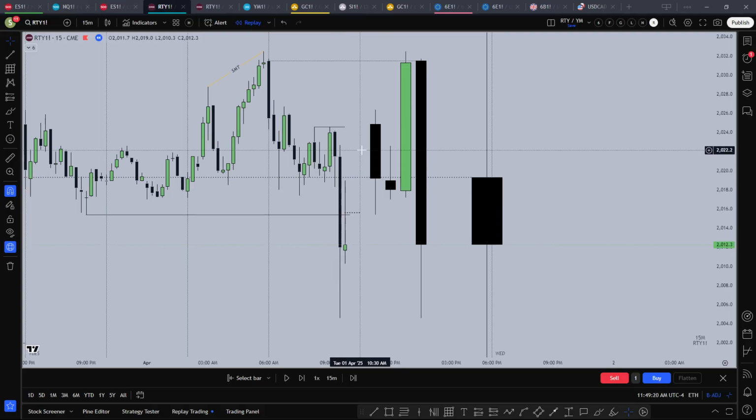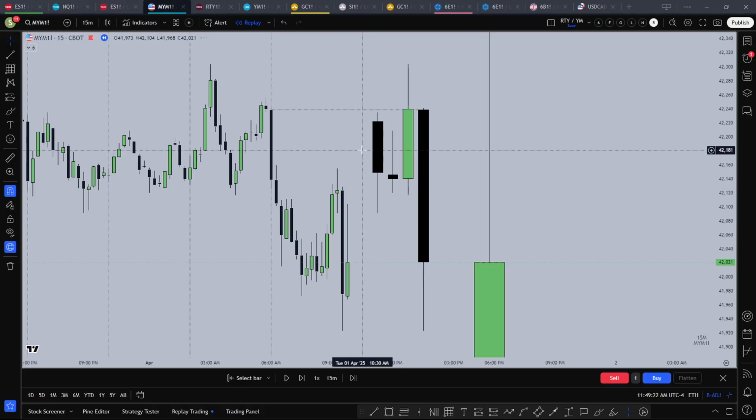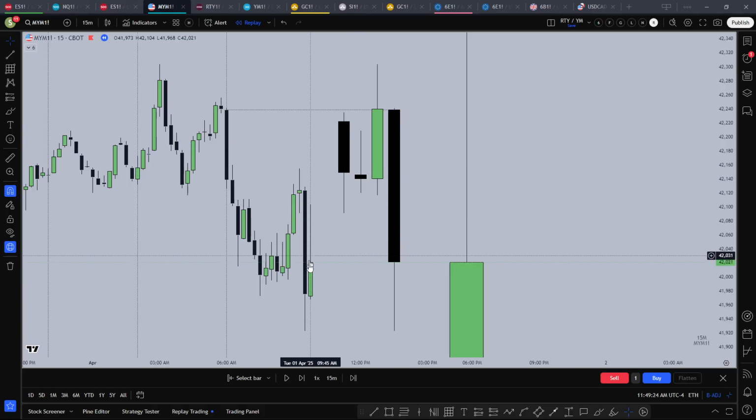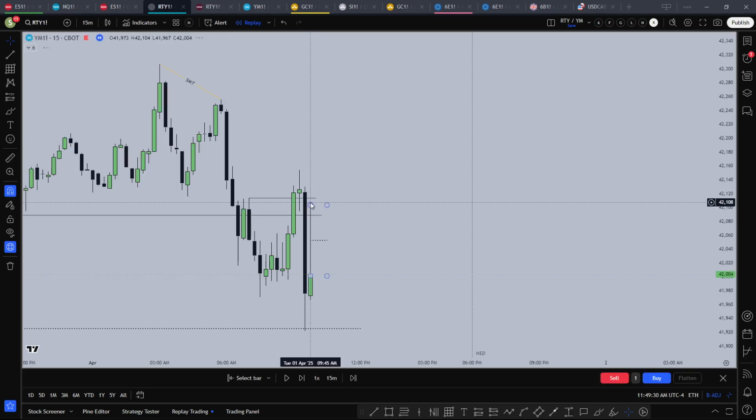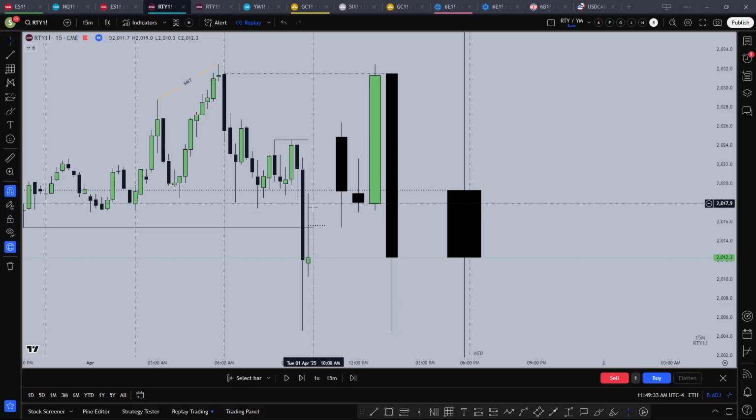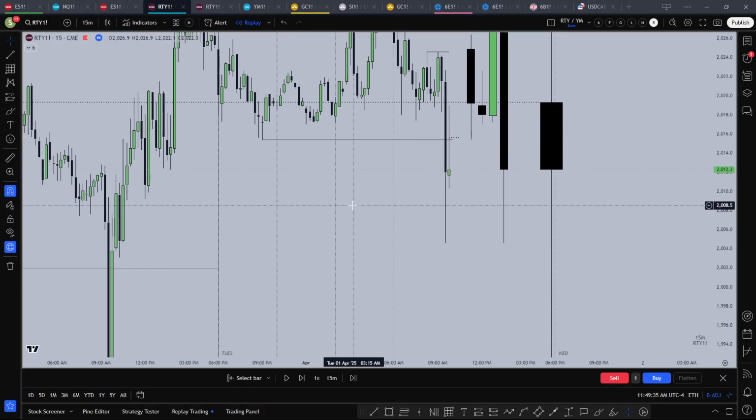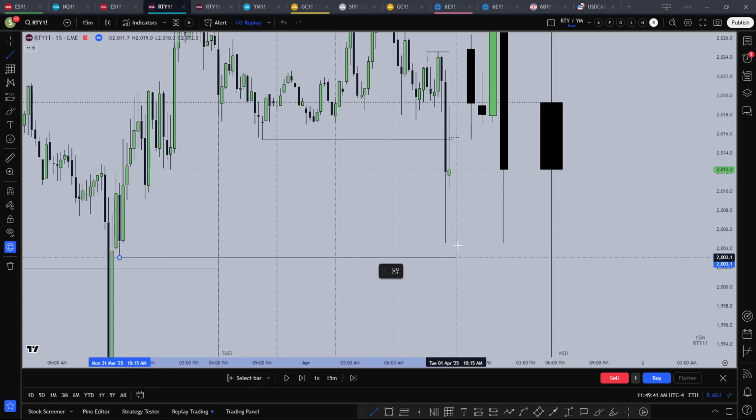RTY is much weaker, but if it wants to sweep out this high, YM is a bit stronger. So it could sweep out this high in YM and not sweep it in RTY, RTY being the weaker asset. So if you were to frame shorts, you could frame shorts on RTY and ES.